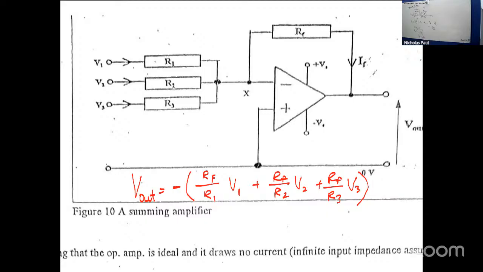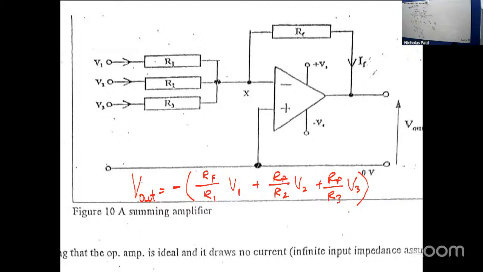Sometimes I'll give you the circuit and you do the calculations. But it's the same thing, except instead of one input, it has two. Alright?